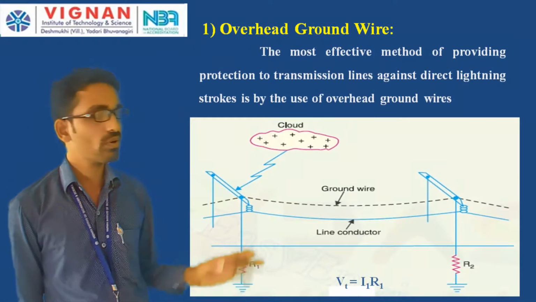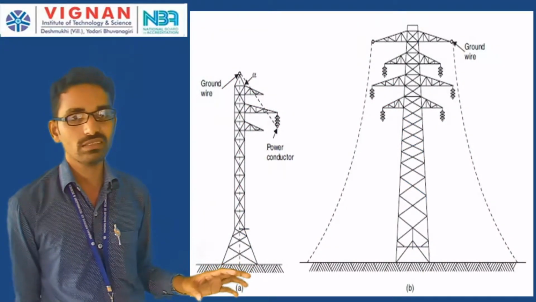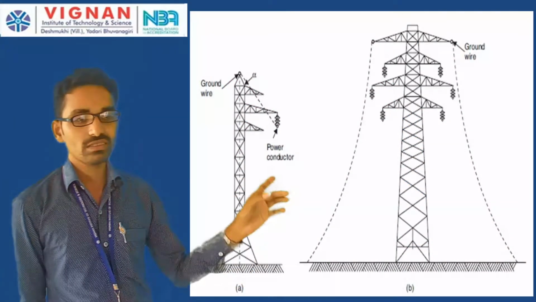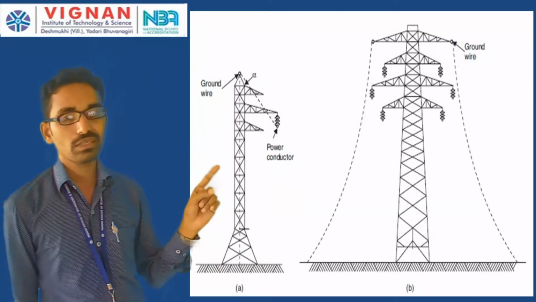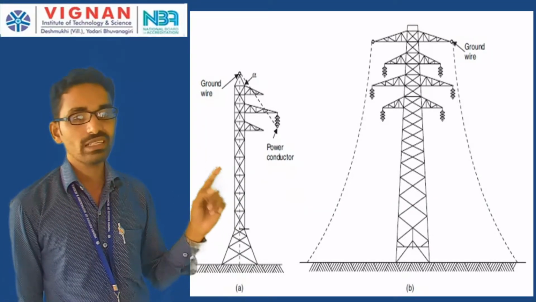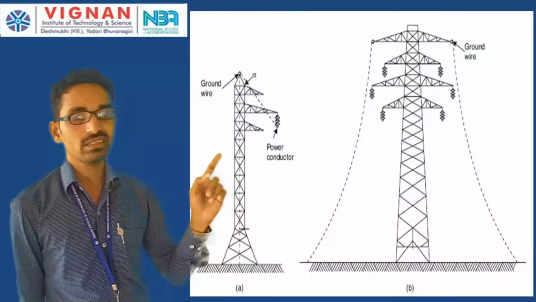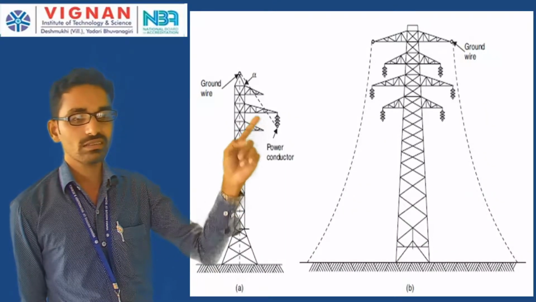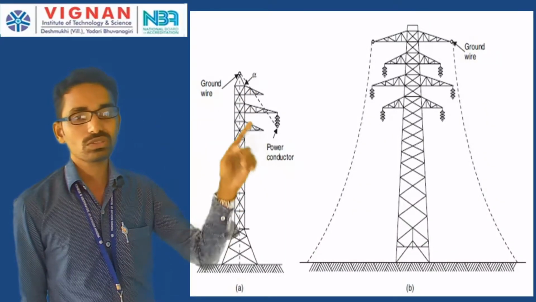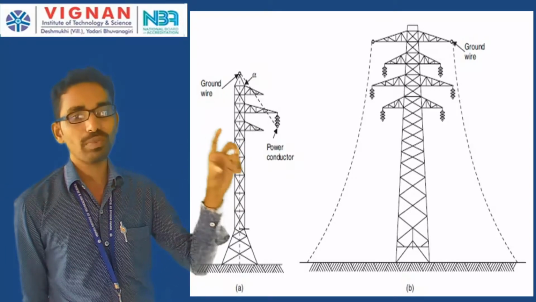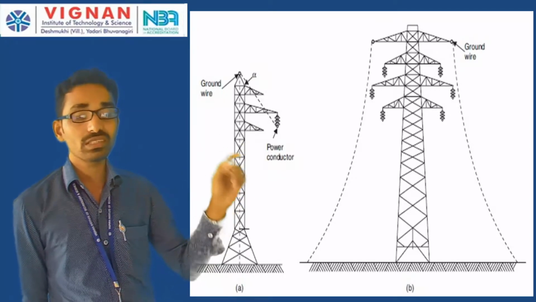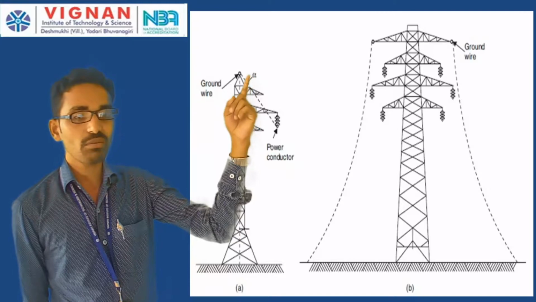If you see the overhead ground wires in the general transmission lines, the first one represents a single circuit line. That single circuit line has 3 conductors, the first conductor, the second conductor, and the third conductor. Those 3 are the power conductors. We are going to place the ground wire on the top of the tower.